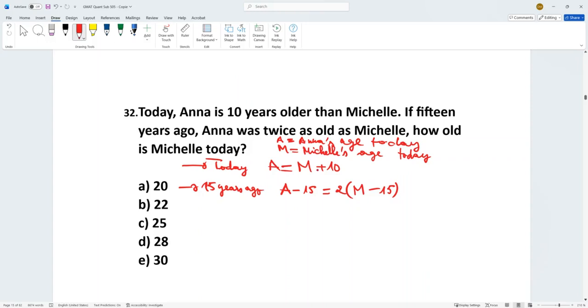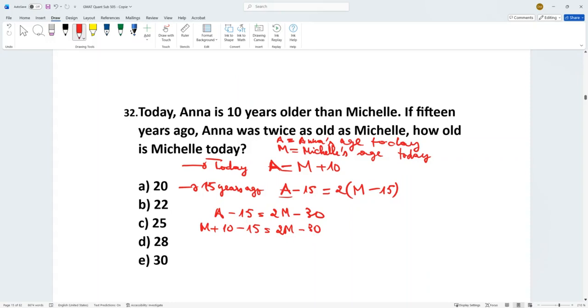So we need to find M. So one thing we can do is we have the expression of Anna's age today in terms of Michelle's age, we can replace that in here. So we will simply say A minus 15 equal to 2M minus 30. Replace A here, it is equal to M plus 10 minus 15 equal to 2M minus 30.